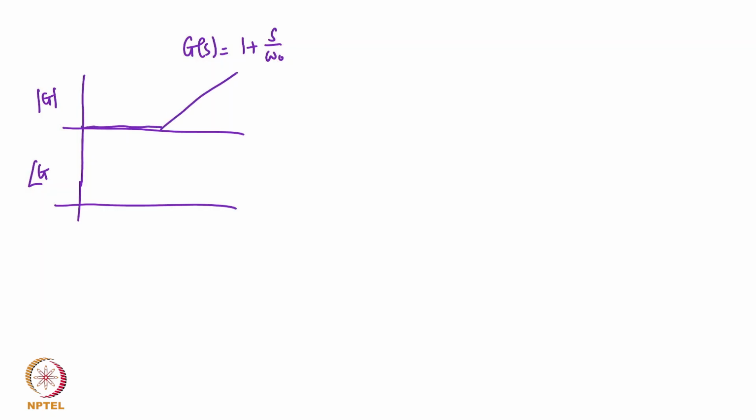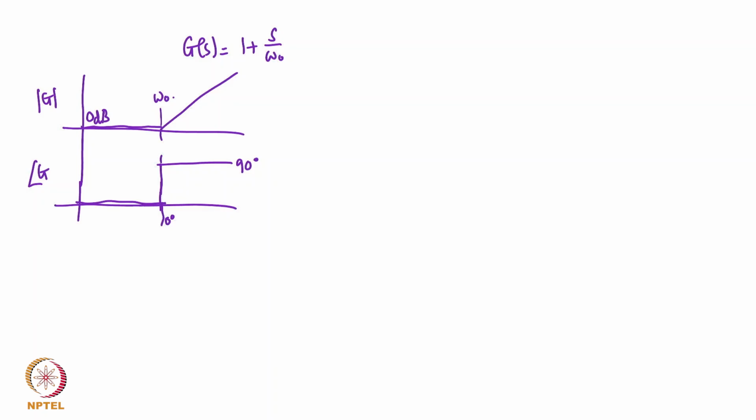Again, asymptotic plot, and here the angle will also go like this, 0 degree to 90 degree, and this value is omega 0. Of course, at omega equal to 0 the gain of this is 0 dB, so this line is 0 dB here.